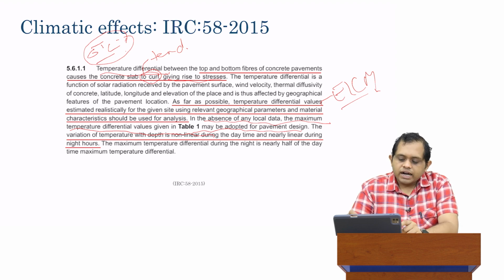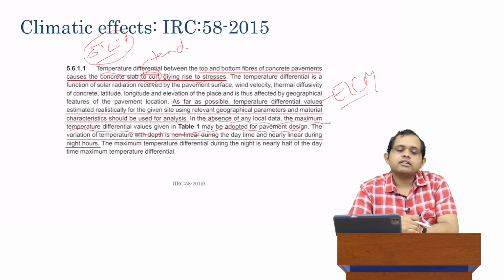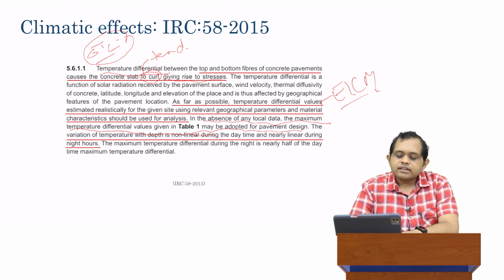Now, one last thing I want to highlight before I show you table 1. The variation of temperature with depth is non-linear during the day and nearly linear during the night hours. That's an observational comment; they've put thermocouples in various sections and measured it. They do recognize that there is a non-linear temperature distribution. They say that during the day, it's definitely non-linear. During the night, it is nearly linear. This statement is generally correct.